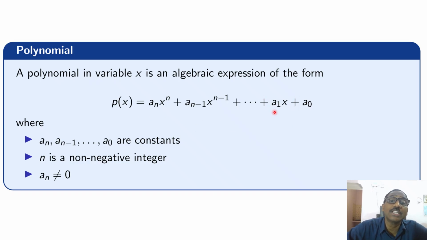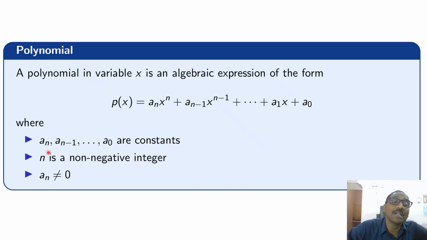So this is nth degree polynomial. What is the highest power of x here? N. So we say p of x is equal to an x power n plus an minus 1 x power n minus 1 plus and so on plus a1x plus a0, where an is the coefficient of x power n, an minus 1 is the coefficient of x power n minus 1, a1 is the coefficient of x and the constant term is a0.